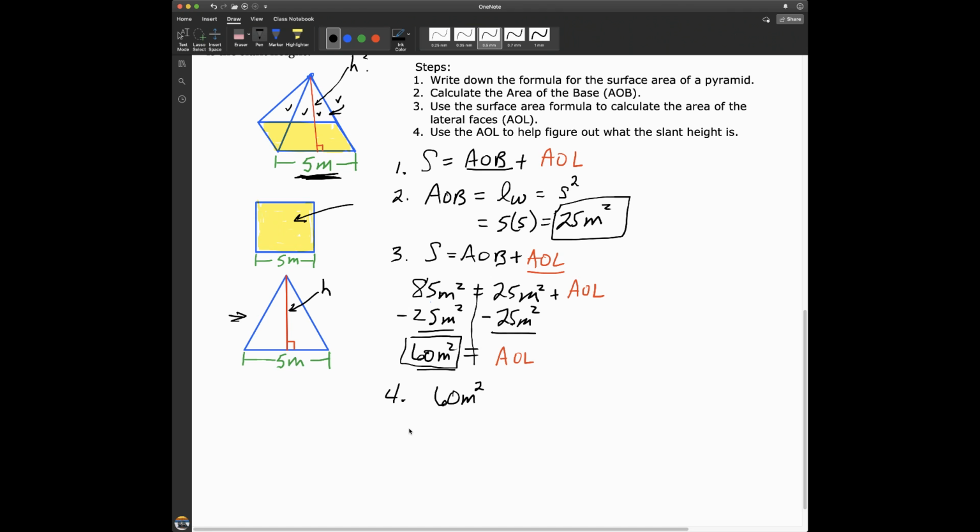So in order to figure out the area of one of the triangles, I need to divide by 4. 60 divided by 4 is 15. So 15 meters squared is the area of one lateral face.